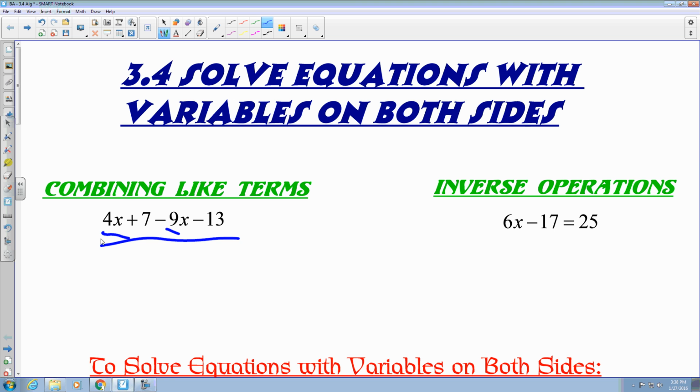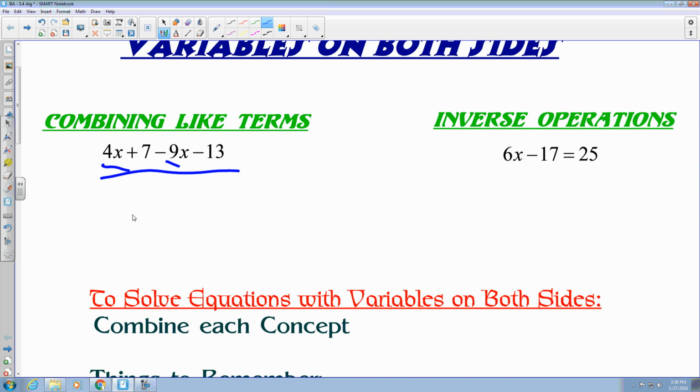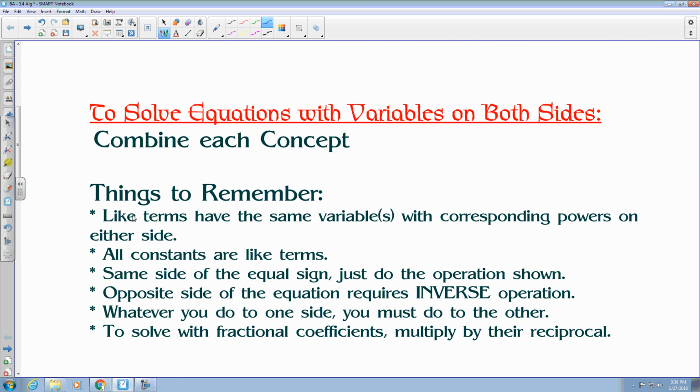Like the 6x minus 17 equals 25. So here are some steps to help you keep things in mind when you are solving equations with variables on both sides. Like I said before, make sure you combine like terms that have the same variable with the corresponding powers on either side. All constant values are like terms.